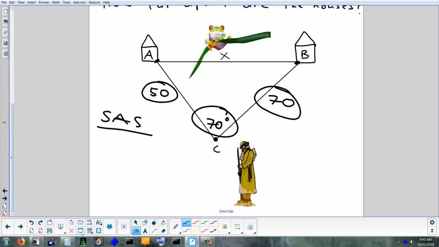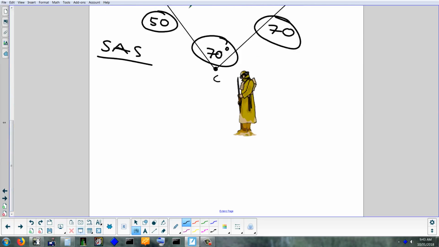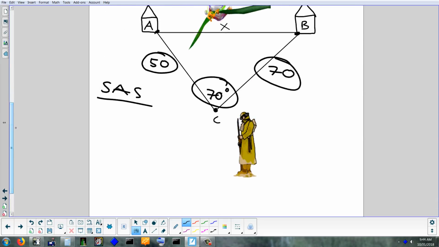So it starts out one side squared equals the sum of the other two. So what am I going to start with? Yeah, X squared equals 50 squared plus 70 squared. And I'm just going to use x because that's what we used. So one side squared equals the sum of the other two minus, someone else tell me what comes next.